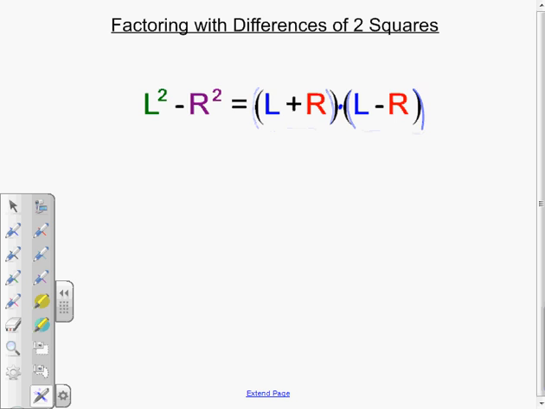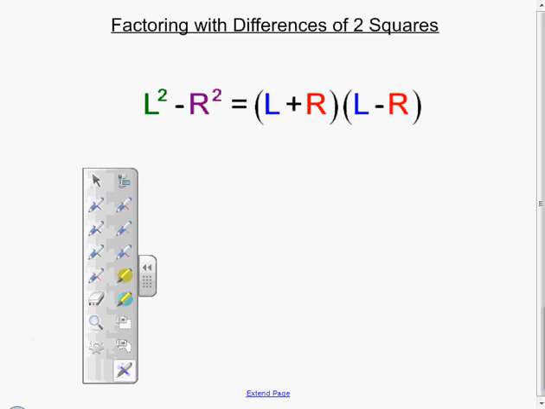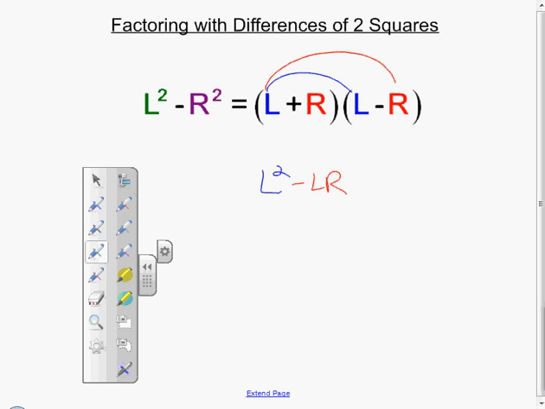Now, just to prove that these two things are equal, I'm going to take a second to FOIL this all out. You can take my word that they're equal, but let's just show it. So what do we have here? L times L is L squared, and L times negative R is negative LR, and R times L is RL, also known as LR.